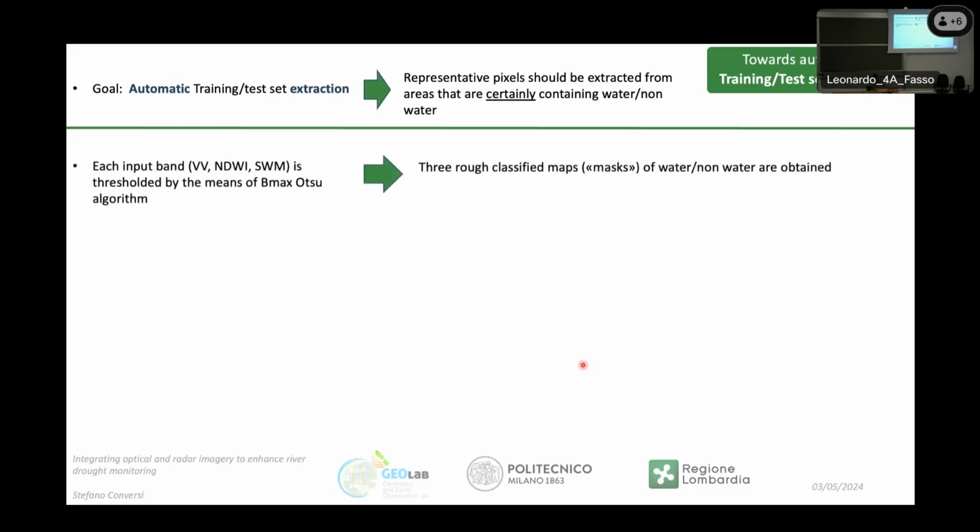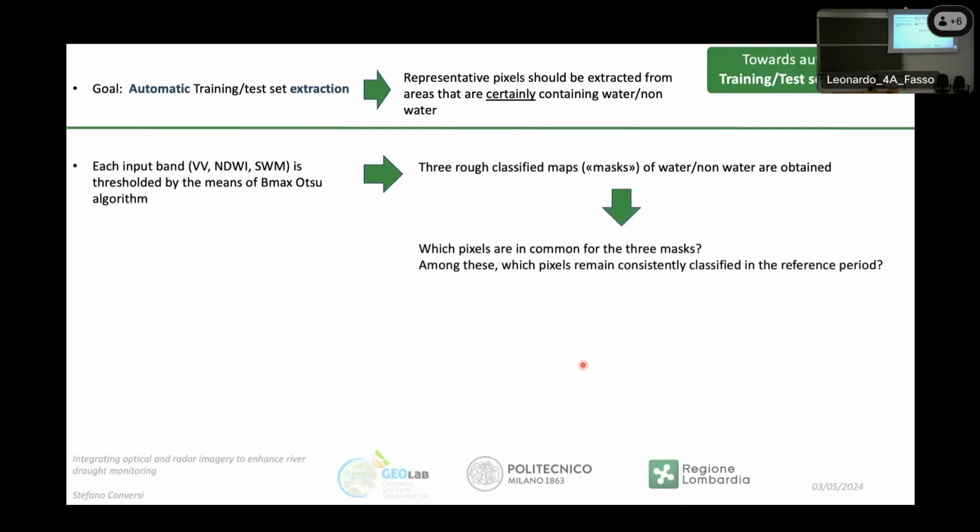First of all, each of the three bands was classified through the BMAX Otsu algorithm. So we obtained three masks, rough maps in which we have only the pixels that are perceived by each of the three indicators as water and non-water.